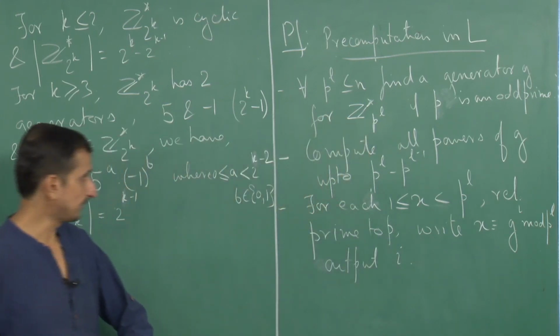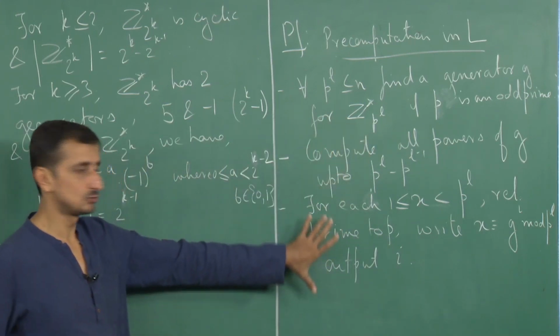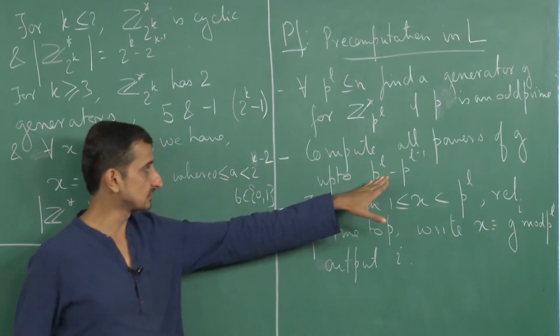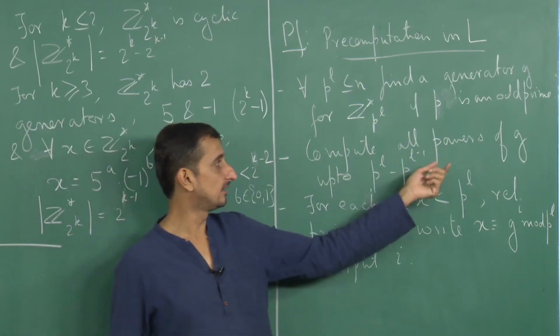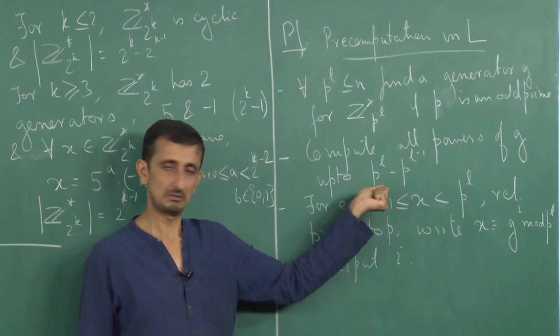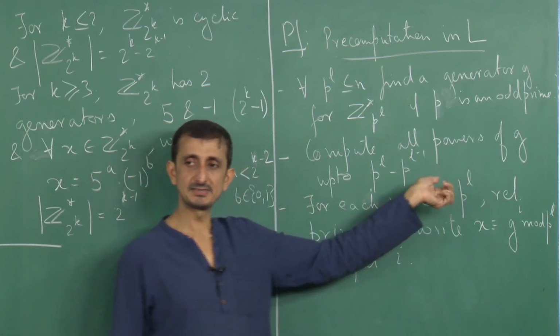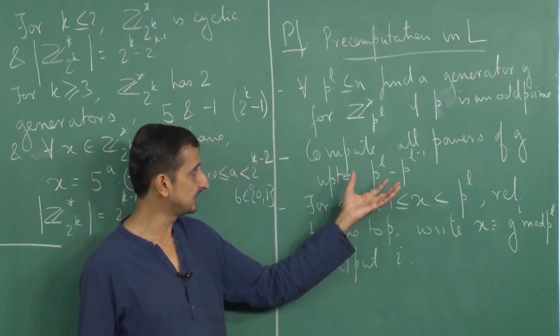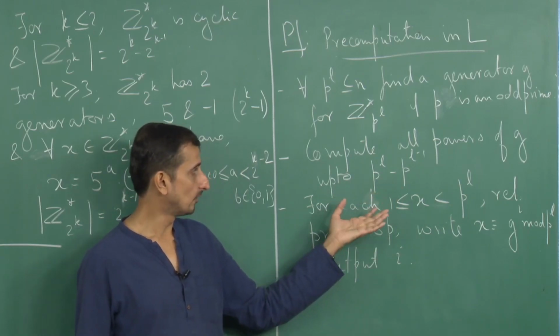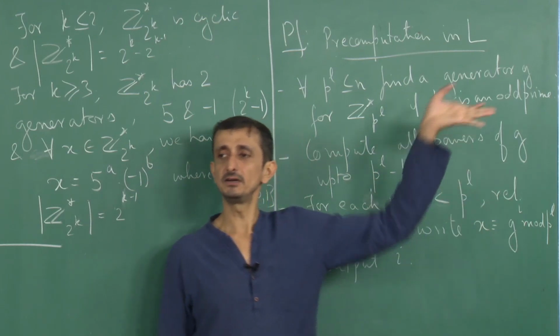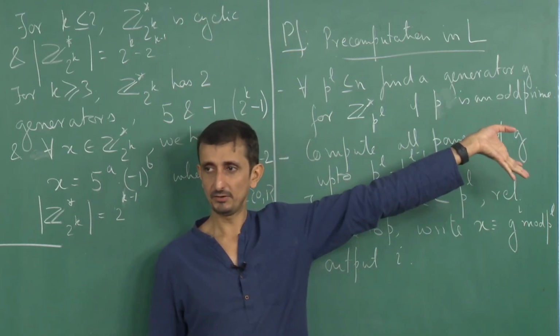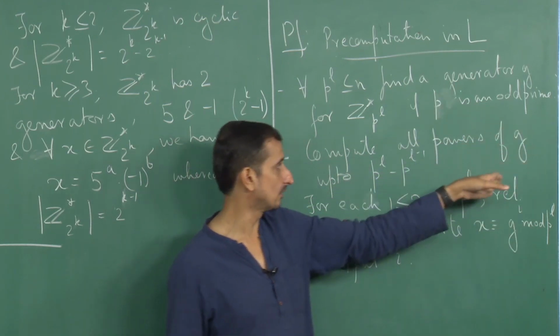So essentially what I am trying to say here is that in these 2 points, this is what is called the discrete logarithm of an element. So for every element that is there in the group, I can write it as a power of the generator. So I am finding out what is the power of the generator.